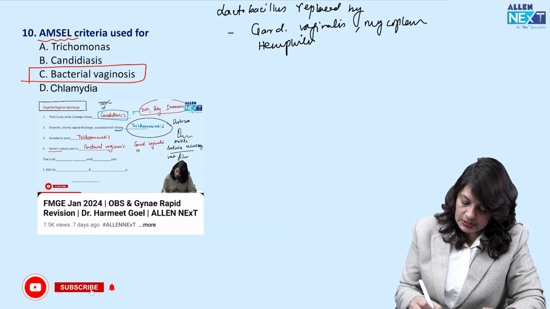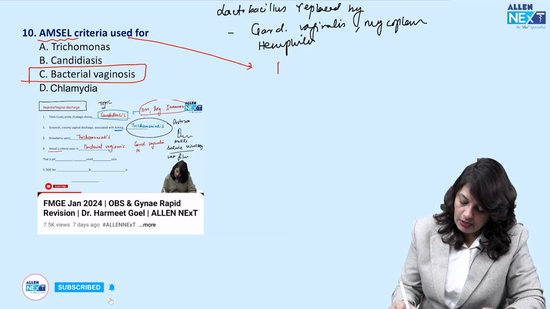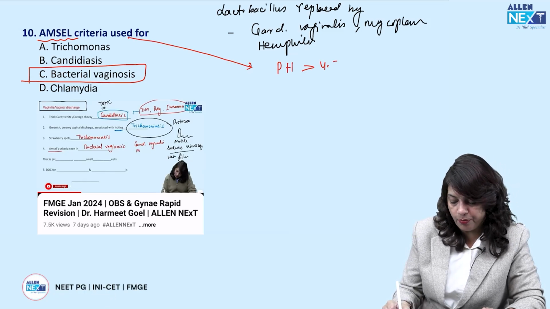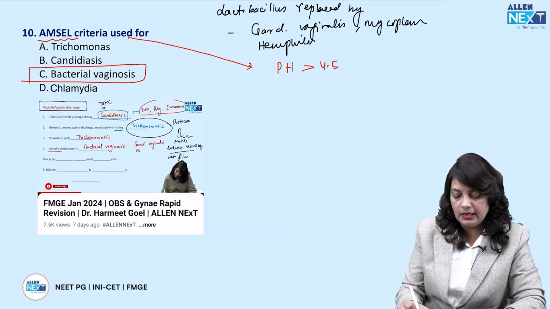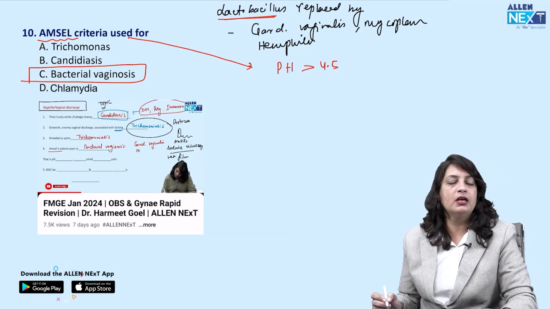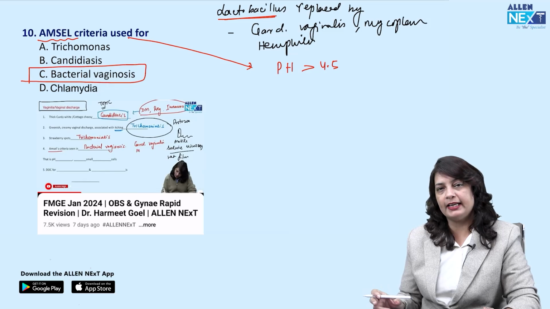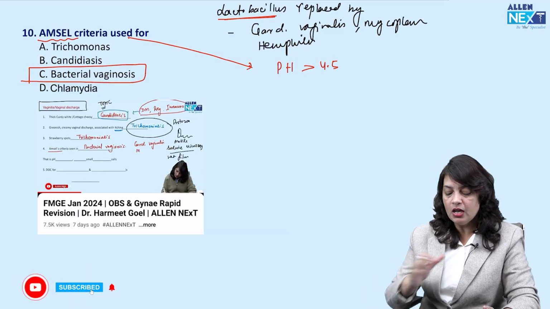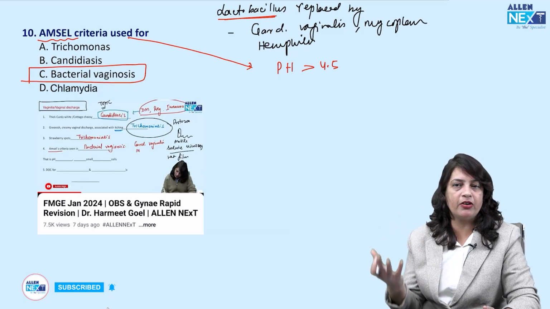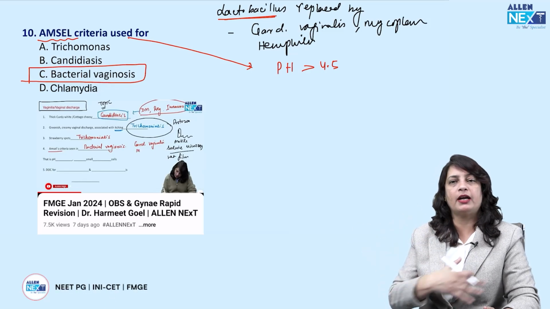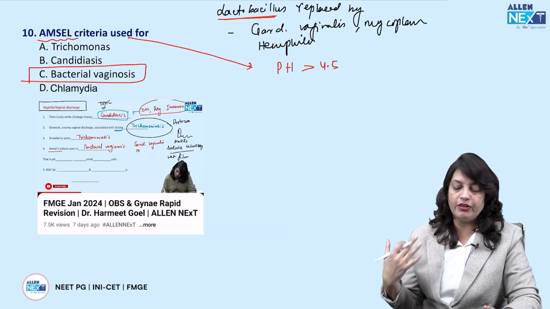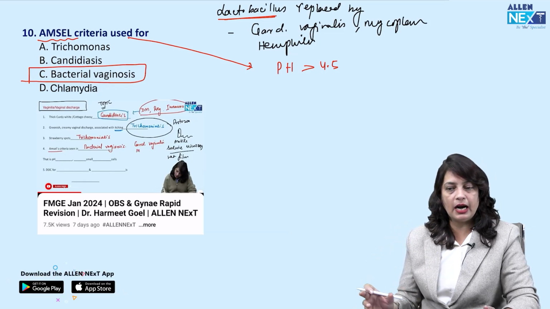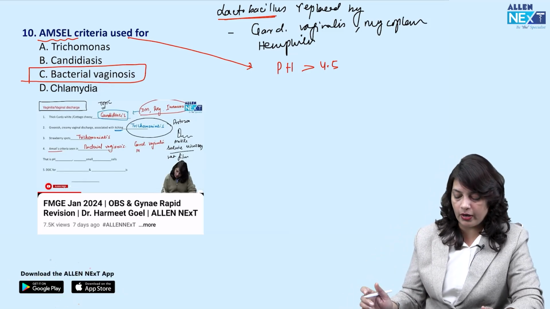And the Amsel's criteria includes when the pH is more than 4.5. So the lactobacillus is the bacilli which is converting the glycogen into lactic acid, making the pH of the vagina acidic, that inhibits the growth of pathogens. So whenever lactobacillus has been replaced, the pH of the vagina goes towards alkaline, which favors the growth of these Gardnerella vaginalis and other microorganisms.